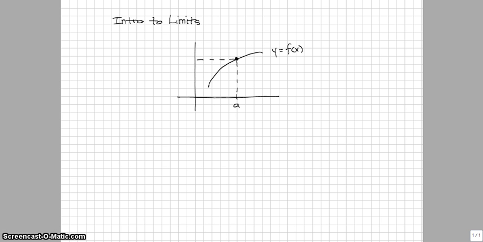So the next thing that we're going to think about when we start talking about limits is not really what's happening when our input value is a, but what's happening when our input value is close to a. So we're going to be choosing values that get closer and closer to a from both the left and the right.